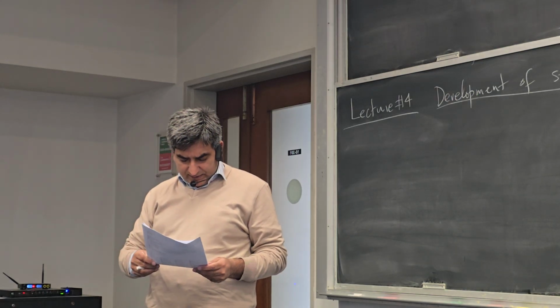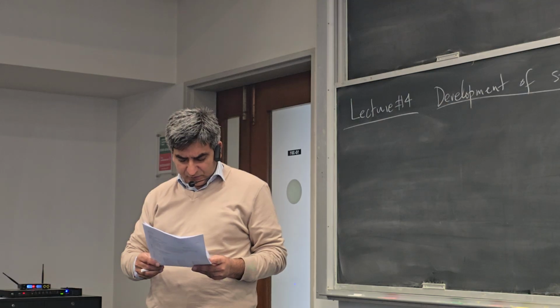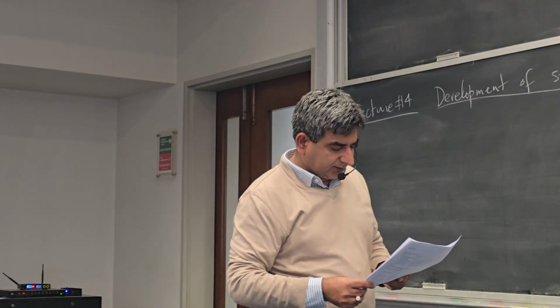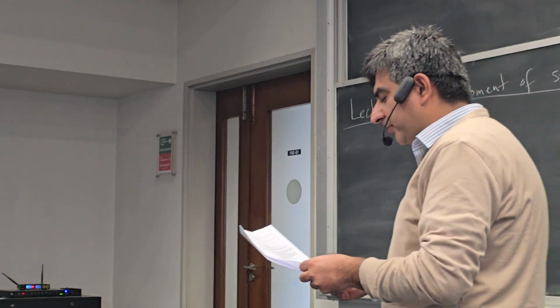Okay, and a 3-bar axis that is along the body diagonal. And a cubic has a 3-fold or a 3-bar axis along the body diagonal. Okay, so we've already seen this crystal system and the point groups.